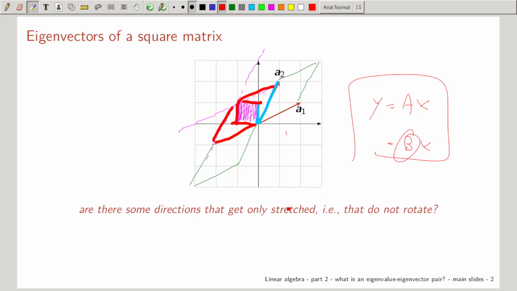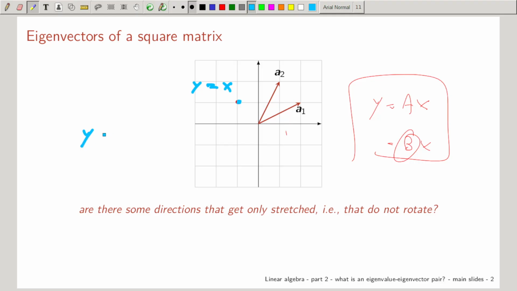Perfect. It means that this point in the domain corresponds to this point in the codomain. True? We have x equals y, or better, y is equal to Ax equals x. That means 1x. This specific one with 1 is another eigenvector, eigenvalue pair.